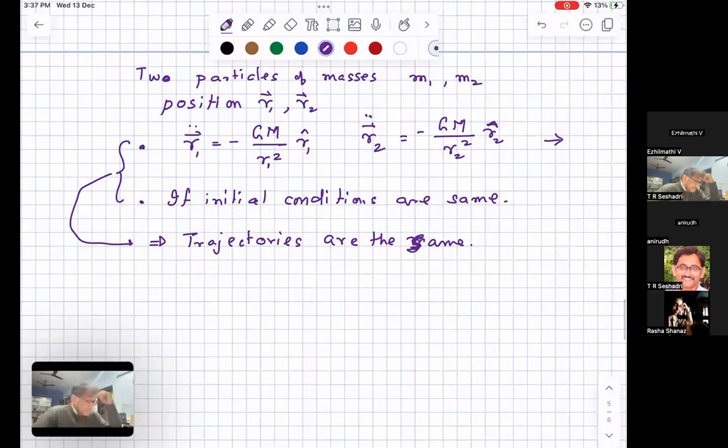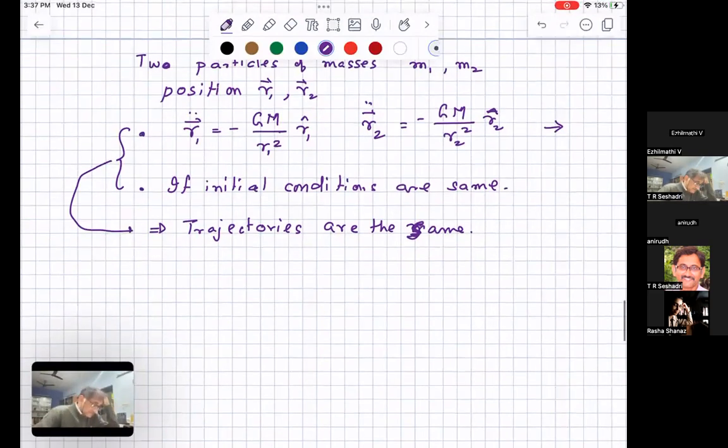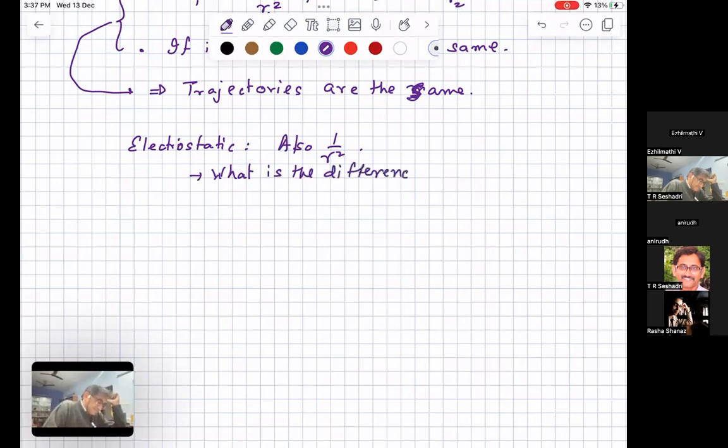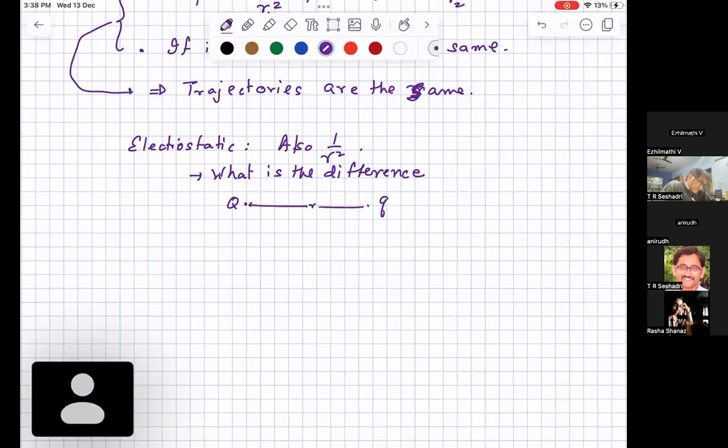Now let me look at the differences. You see the 1 by r square thing; electrostatic also has 1 by r square. What is the difference? Suppose I have a charge capital Q and another charge small q at a distance r.